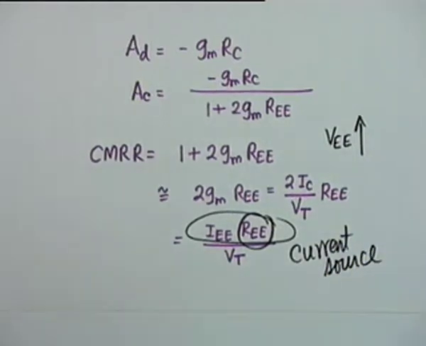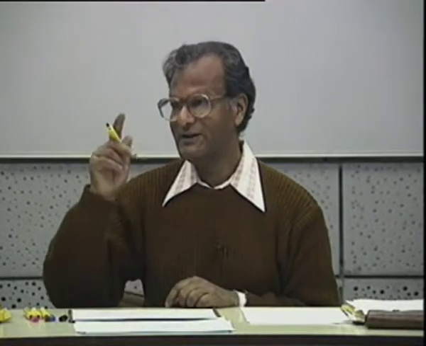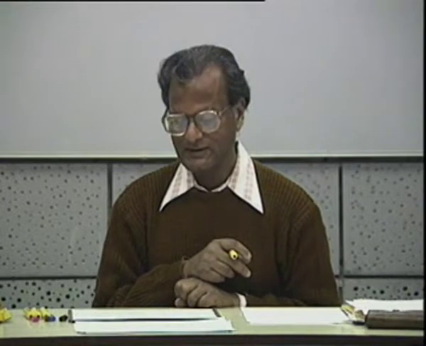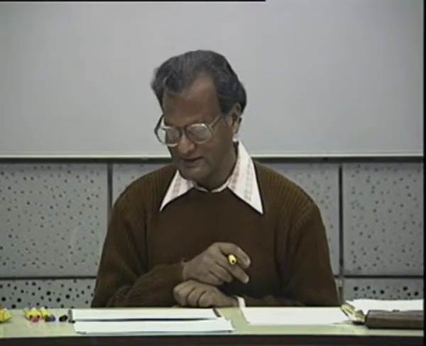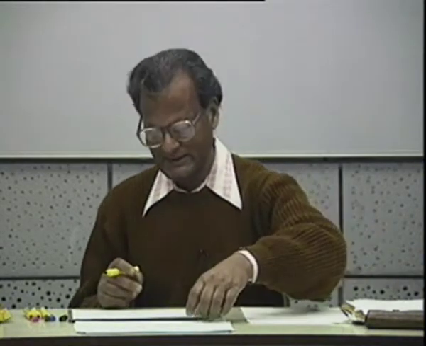If I can replace REE by a current source, and if it is an ideal current source, then REE is approximately infinity, and therefore CMRR can go to infinity, and we have an ideal differential amplifier, that is, the common mode gain would be equal to 0. But since nothing in this world is ideal and transistor circuits are no exception, we will have to settle with what we get. Let us see what we can get.